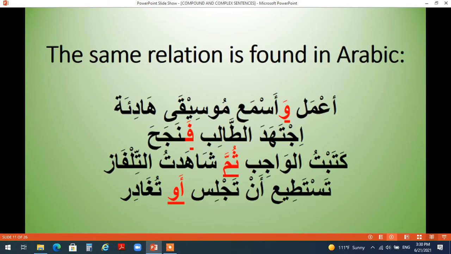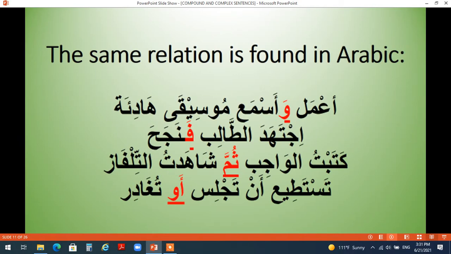أعمل وأسمع موسيقى هادئة. Here we have the coordinator الواو to connect between these two clauses أعمل وأسمع. اجتهد الطالب فنجح. الفاء is also one of the coordinators in Arabic which has been used to link these two independent clauses. كتبت الواجب ثم شاهدت التلفاز.